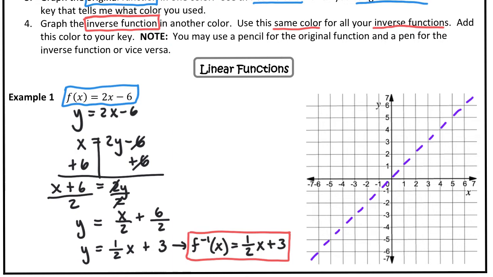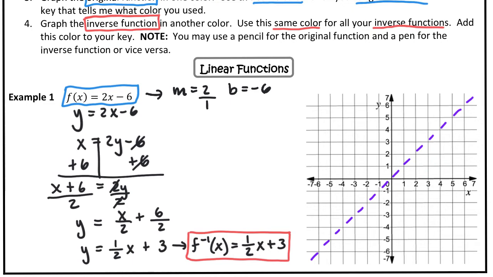Okay, so let me graph the blue line. How do we graph a line like this? Well, remember, it's in slope-intercept form, so we know that the slope is 2 and the y-intercept is -6, and this 2 is a 2 over 1.